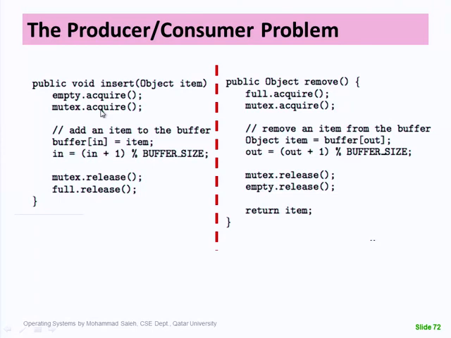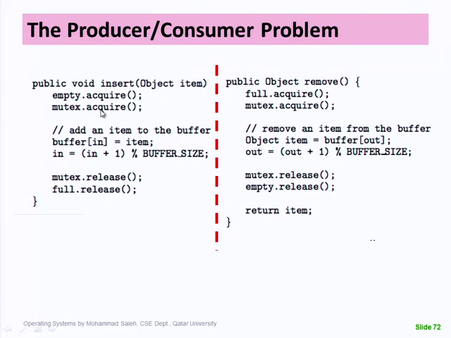The lock of the bounded buffer is obtained first by the producer, okay? So it's with the producer. Assuming after that the producer called empty.acquire and the buffer was full, what happens? It will wait, right?